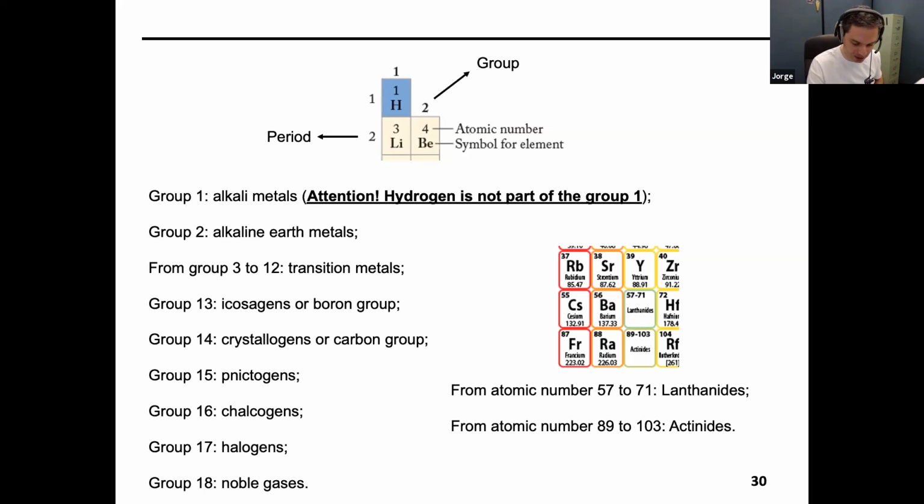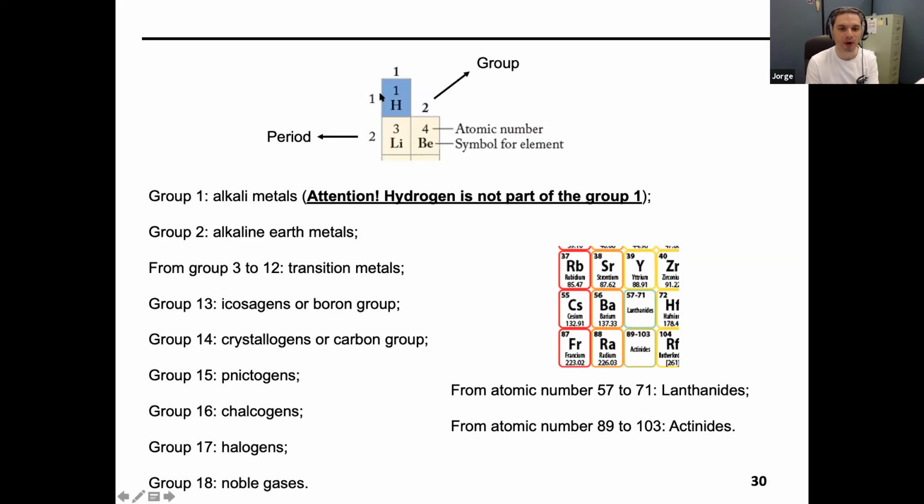All right, very good. Always remember that the number of the group corresponds to the number of valence electrons. Attention, when you are between the groups 13 and 18, you must subtract 10 to get the number of valence electrons.